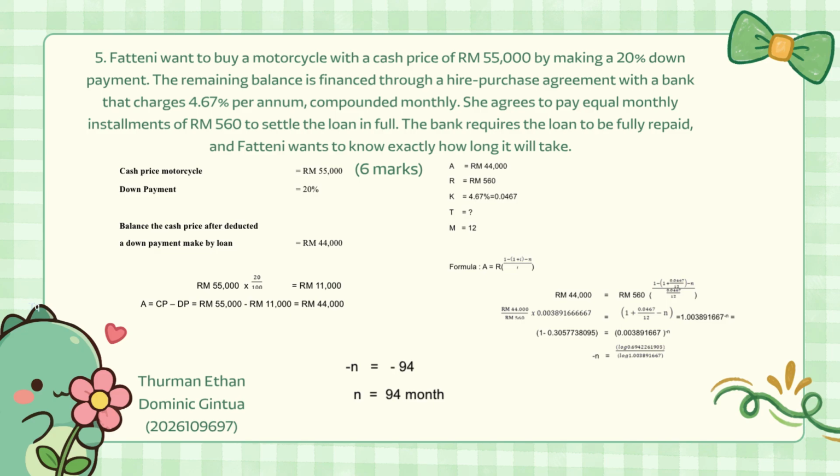By substituting these values into the formula and solving for the unknown variable n using logarithms, we get negative n equals negative 94, which gives us a total of 94 months. So it will take Fatani exactly 94 monthly installments to settle her motorcycle loan in full.